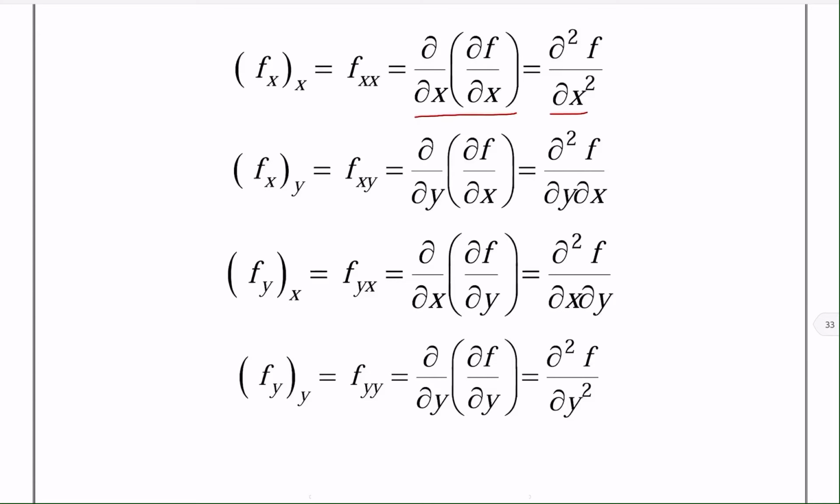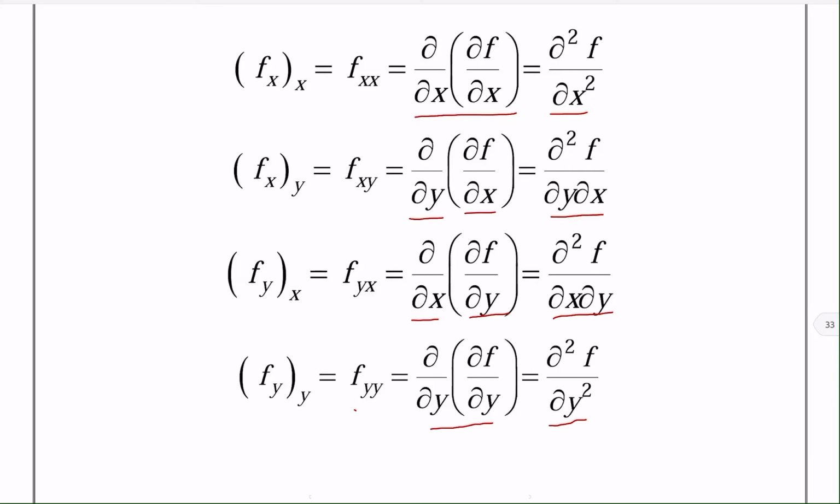So it becomes del squared f del y del x. For fyx, meaning that we differentiate del f del y and then we differentiate it again with respect to x. So it becomes del squared f del x del y. For fyy it becomes del squared f del y squared.